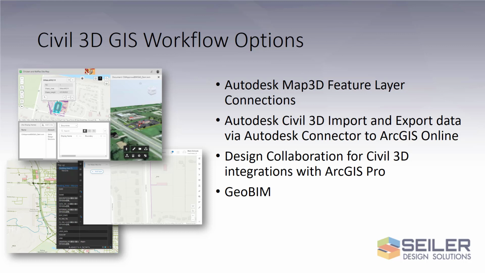We'll also talk about importing data into Civil 3D as Civil 3D objects and also being able to export that data via the Autodesk connector to ArcGIS Online to be able to share that data out to groups or the public. We'll talk about design collaboration for Civil 3D integrations with ArcGIS Pro, and we'll also discuss GeoBIM.